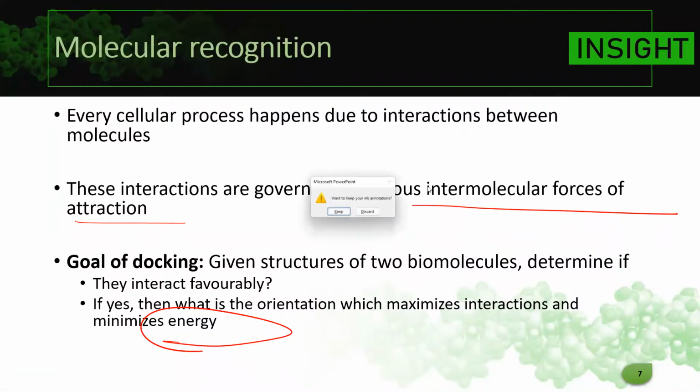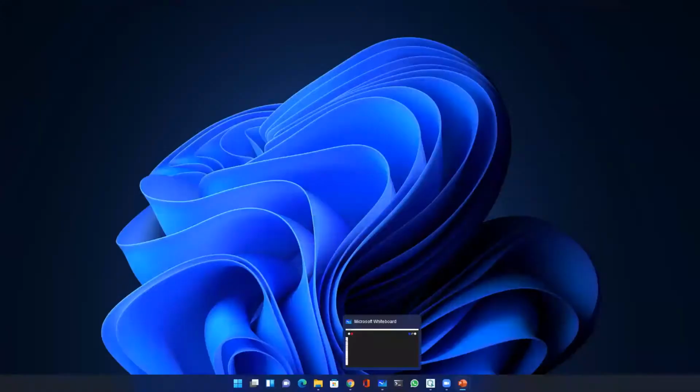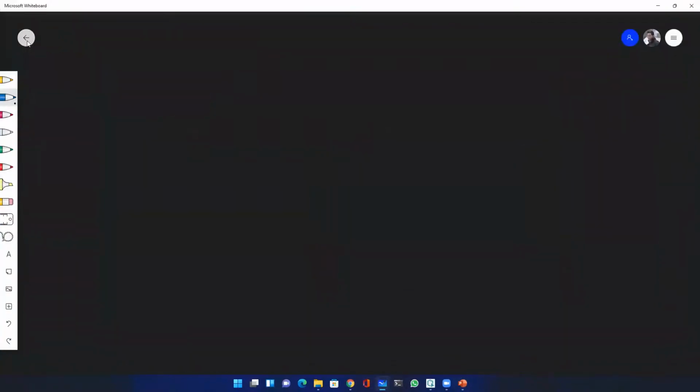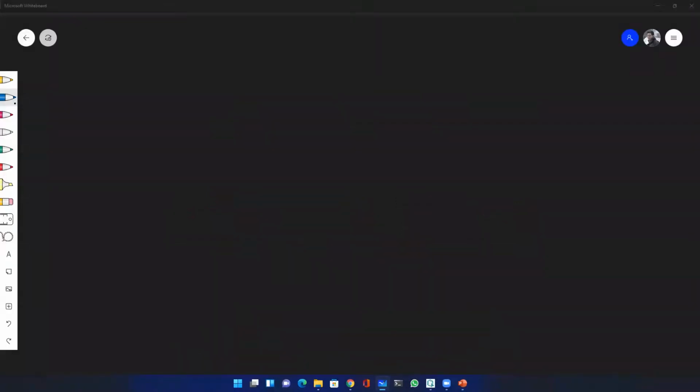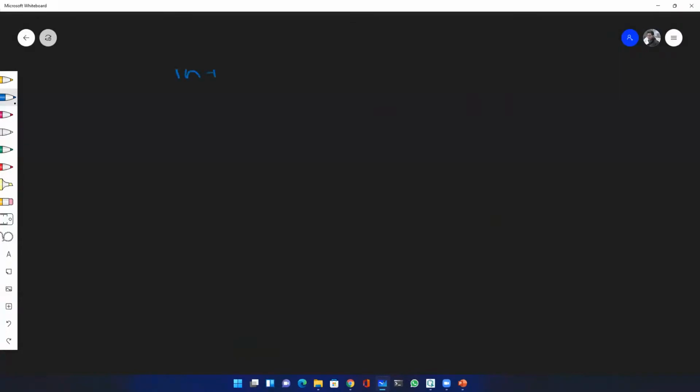So let's see what those things are, what we need to know when we are looking at any kind of molecular docking application, what we are actually getting ourselves into. To understand molecular docking, which is based on interactions, I'll just note down some of the key terms here.